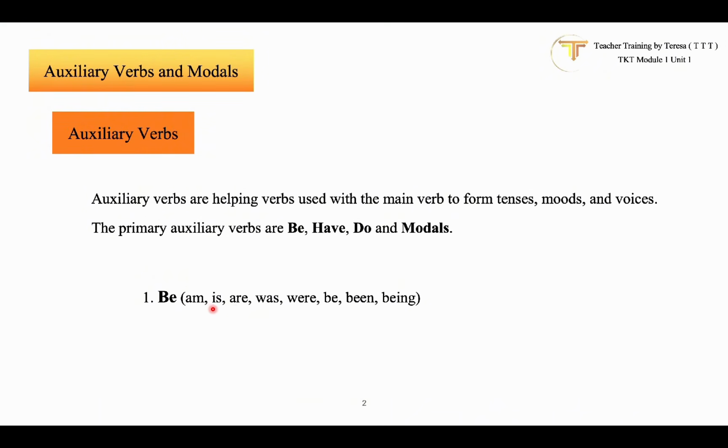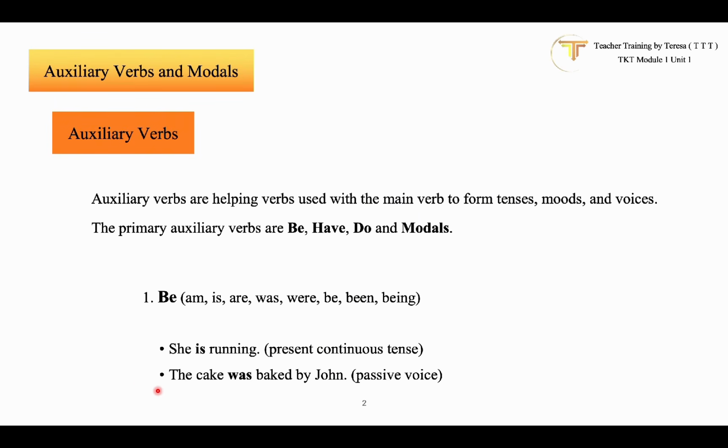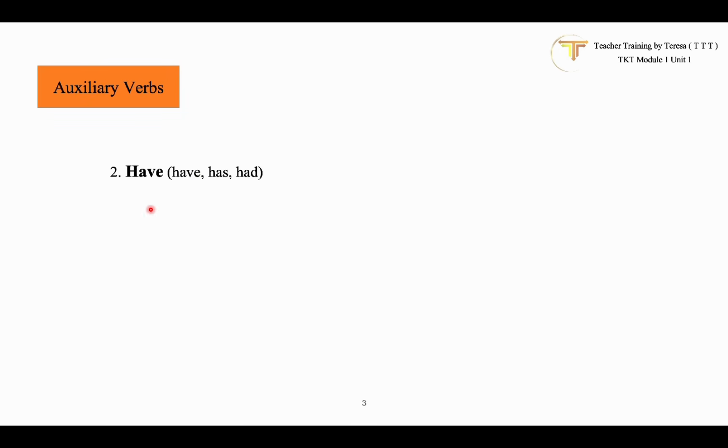Be: is, are, was, were, be, been, being. Examples. She is running. Present continuous tense. The cake was baked by John. Passive voice.